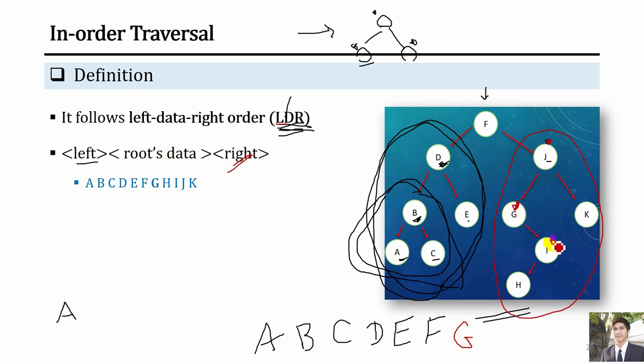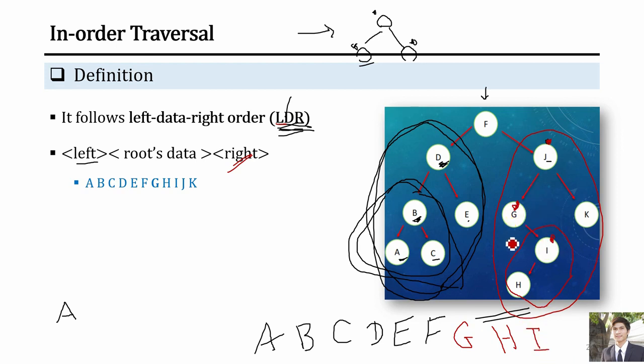The right is I. While we are visiting I here, I is also another subtree. I is a root. Its left is H. So it means we display H, not I, based on the rule left data right. So we display H first, and next we go to this root I here. So display I. So the left is finished, right?